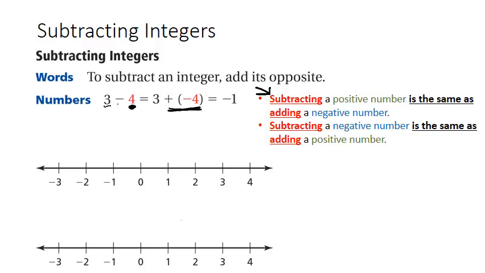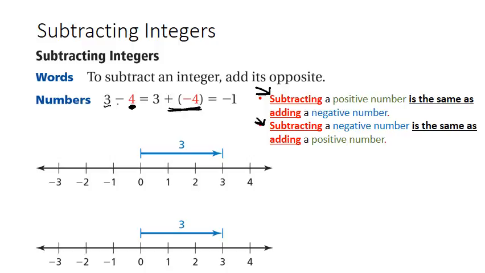It's the same thing, and it's the same the other way as well. When we're subtracting a negative number, it's the same as adding a positive number. Now let's check this out on a number line. When we're subtracting 4 from 3, our first step is to get to 3, and it's the same for both equations, 3 minus 4 and 3 plus negative 4.